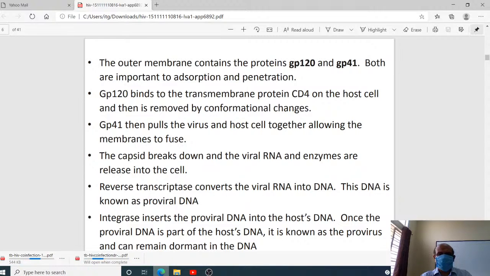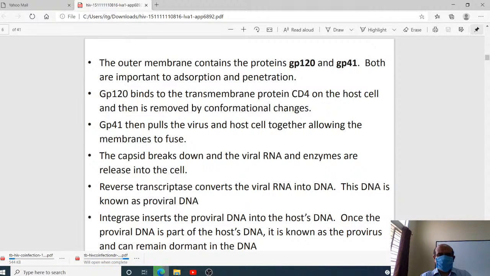GP120 binds to the transmembrane protein CD4 on the host cell and then is removed by conformational changes. GP41 then pulls the virus and host cell together, allowing the membranes to fuse.